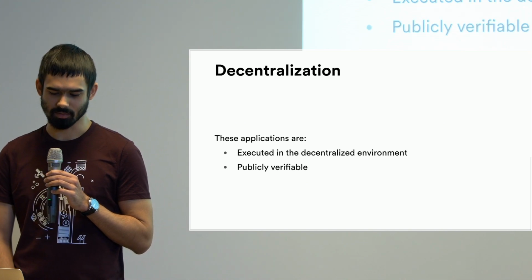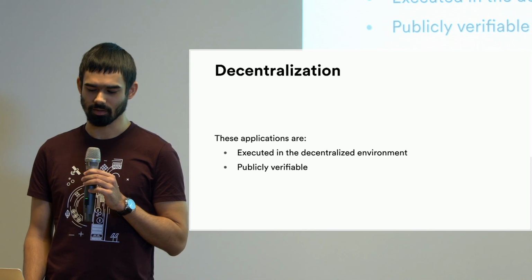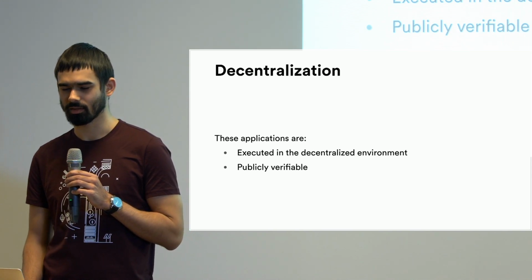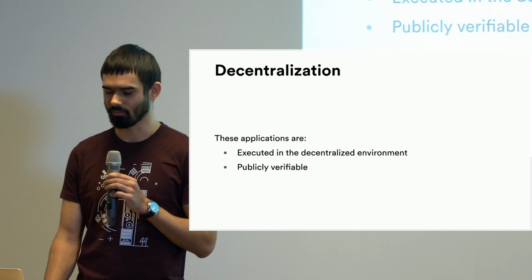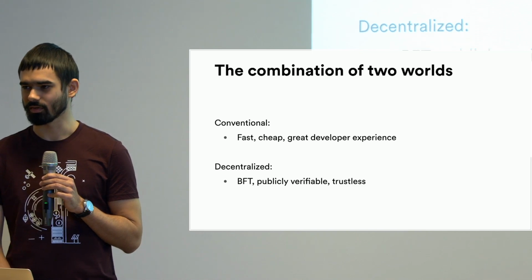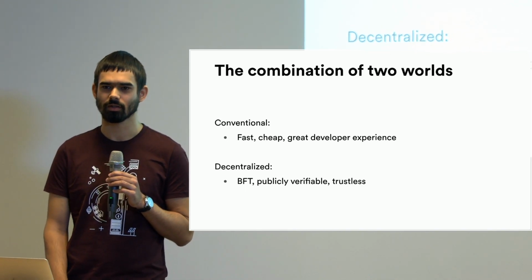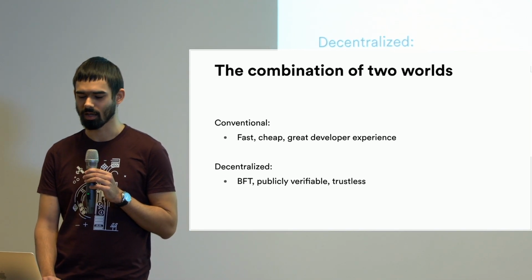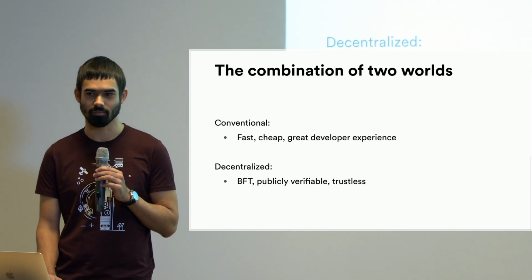But also, these applications are decentralized. They are executed in a decentralized environment. They are publicly verifiable, and there is no need to trust any party involved in computations. So Fluence offers a combination of two worlds: the conventional world with its qualities, and the decentralized world with all the decentralization benefits.